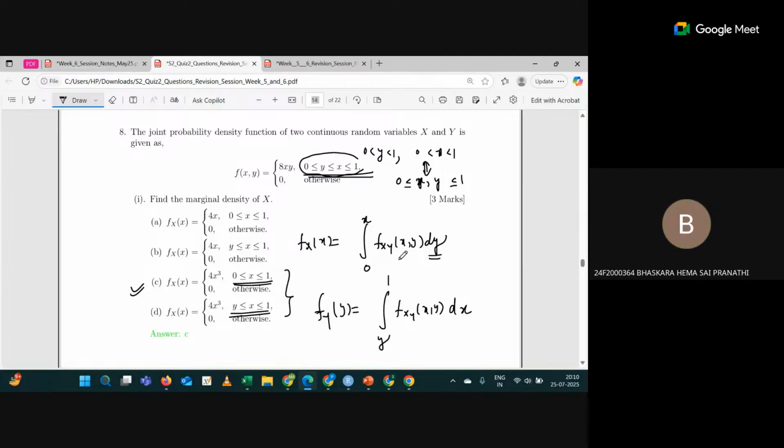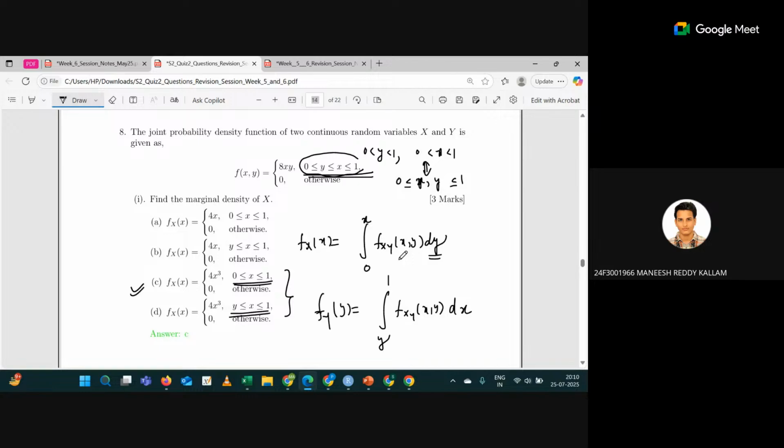Sir, over here, what would be the support, what do you call the limits, of f of y? For f of y you can take it in general. Whatever f of y you get will be true in general, I mean for the overall support of y.